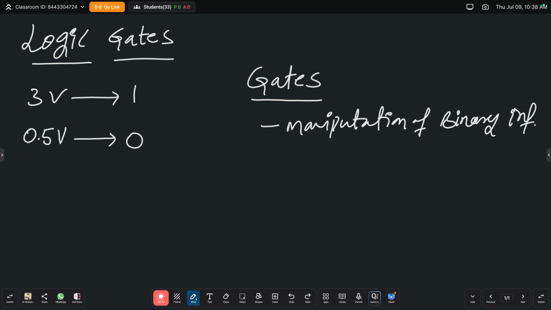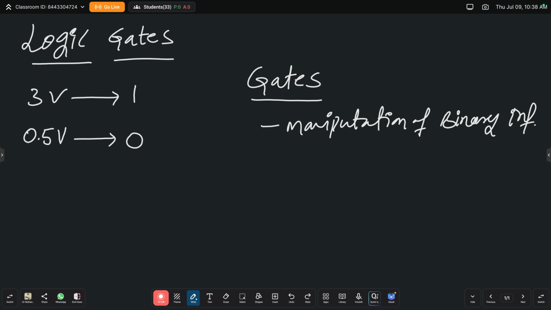As I told you just now, your stream of binary data, binary data meaning a stream of signals, how can the machine understand it? There is one required circuit. Those circuits are called gates. Are you clear?